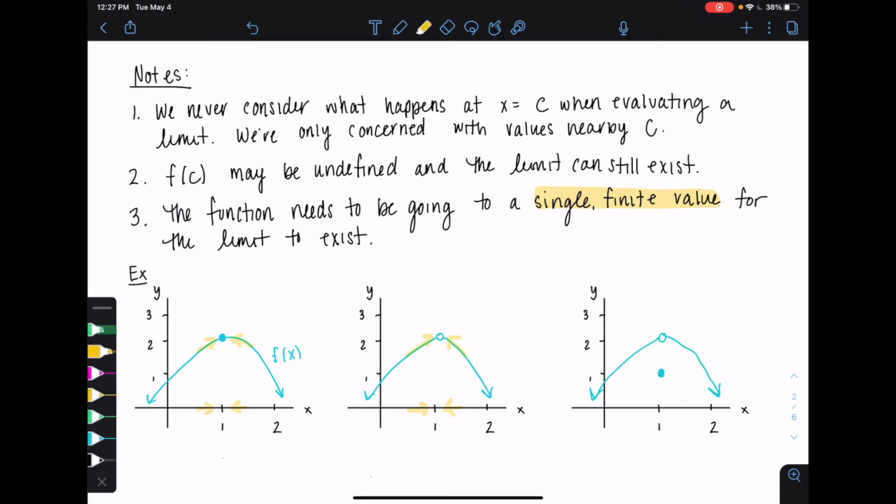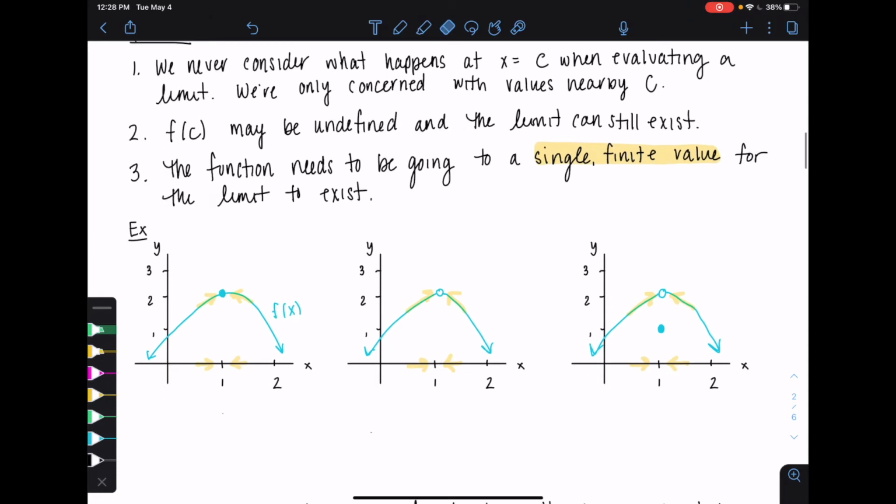If I make it so that f of 1 is 1 instead, still changes nothing, because when I'm approaching 1 on either side and I'm tracing what's happening on my graph, my y values are getting closer and closer to 2.